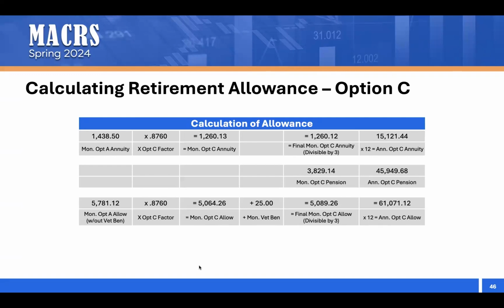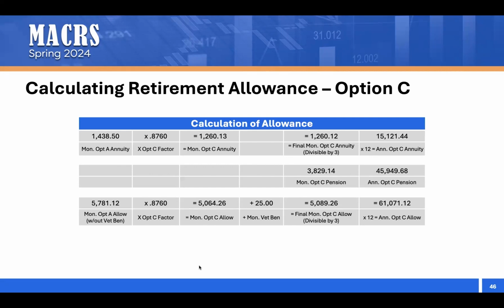$1,260.12. To calculate the allowance, again, we find the allowance without the veterans benefit, multiply that by the option C factor. In that case, we get a monthly option C allowance before the veterans allowance of $5,064.26. To this, we're going to add the full monthly veterans benefit of $25.